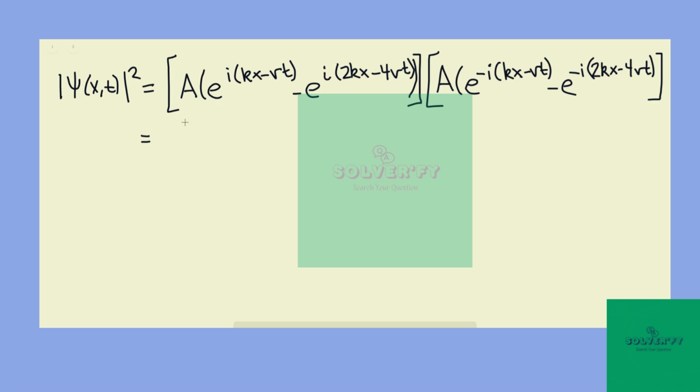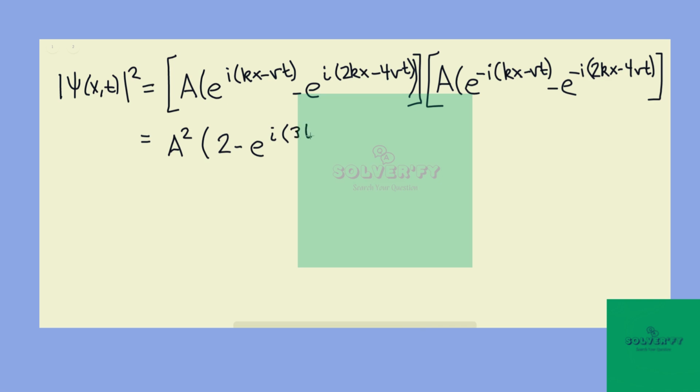I'm not going to show everything because this would be too many steps, but we end up with a squared, of course, because the a's multiply. After a couple of steps, I'll leave that as an exercise for the reader.